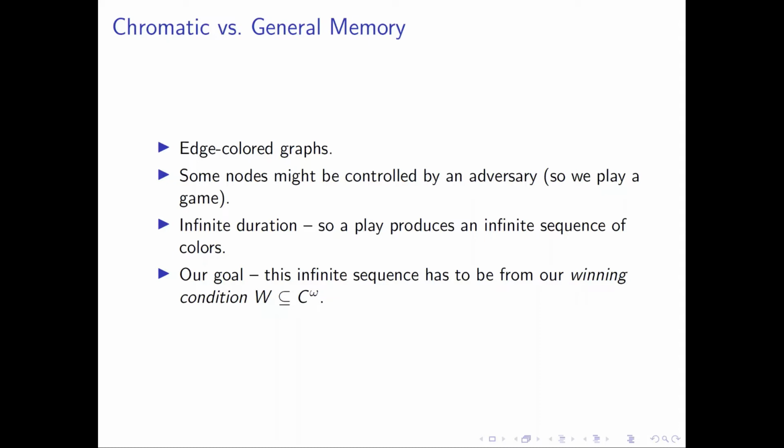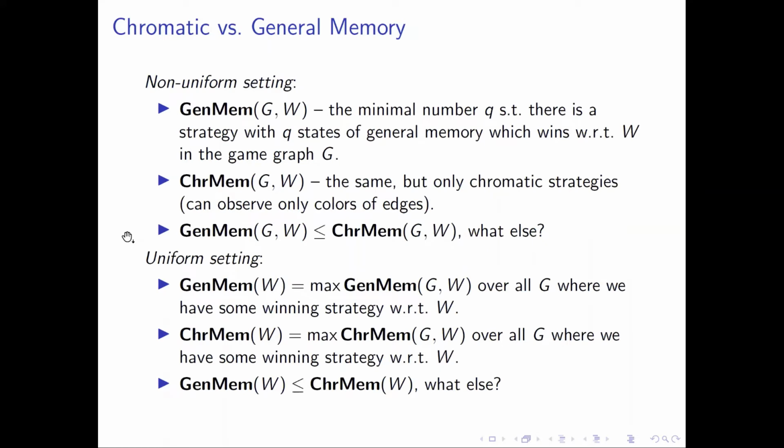So we need a strategy, which we will call a winning strategy, which ensures that no matter how the adversary counterplays against this strategy, the resulting infinite sequence of colors belongs to W. And again, I'm interested in the amount of memory that I need to realize this winning strategy.